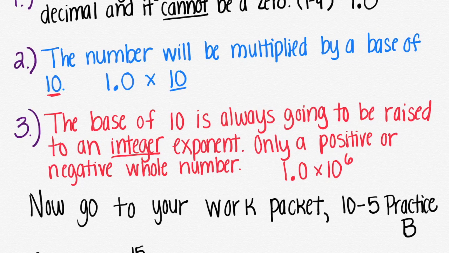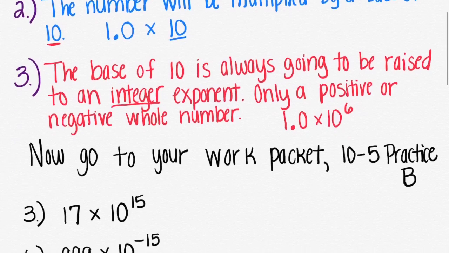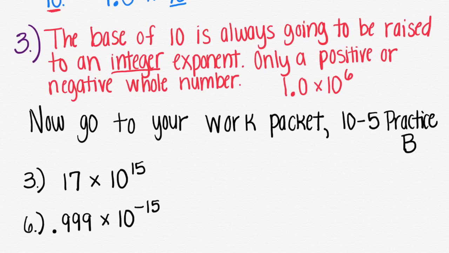So go ahead and go to your work packet because we're going to do a couple of examples, and numbers 3 through 8 are asking you to tell whether the number is written in scientific notation or not. So we're just going to go ahead and do numbers 3 and 6 for examples. If you look at number 3, they have the number written as 17 times 10 to the 15th.